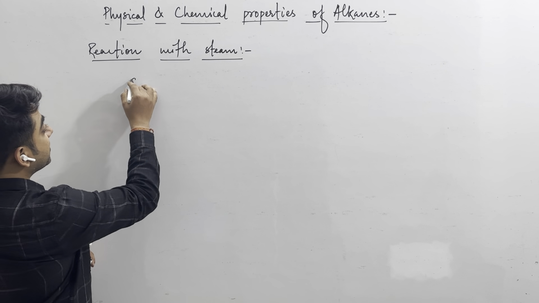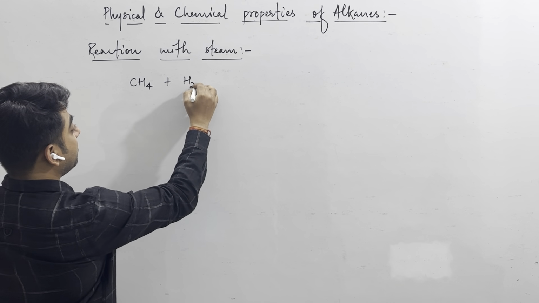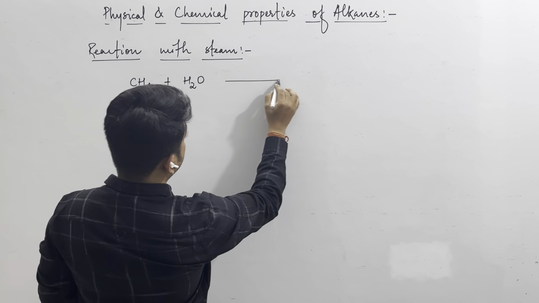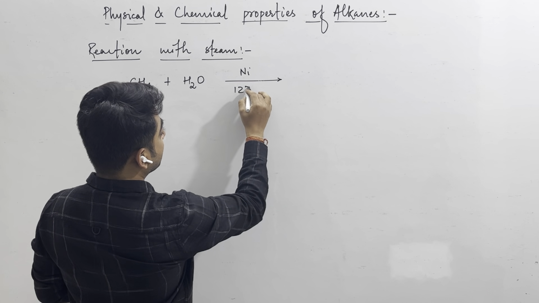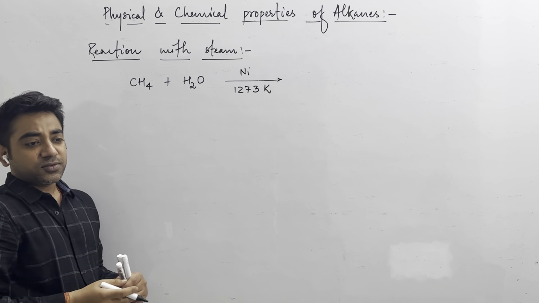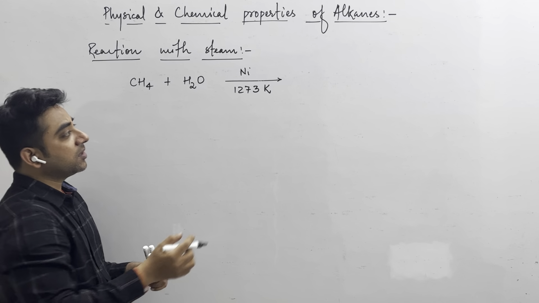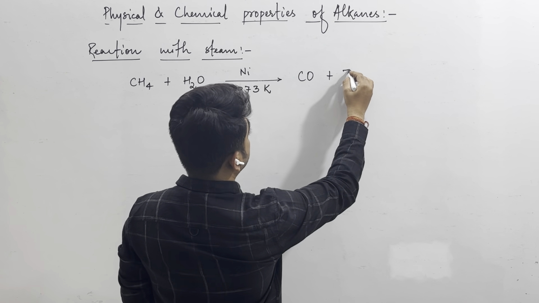If I write this reaction for methane, methane when heated with steam in presence of nickel as the catalyst, at 1273 Kelvin, gives carbon monoxide and hydrogen as the product.